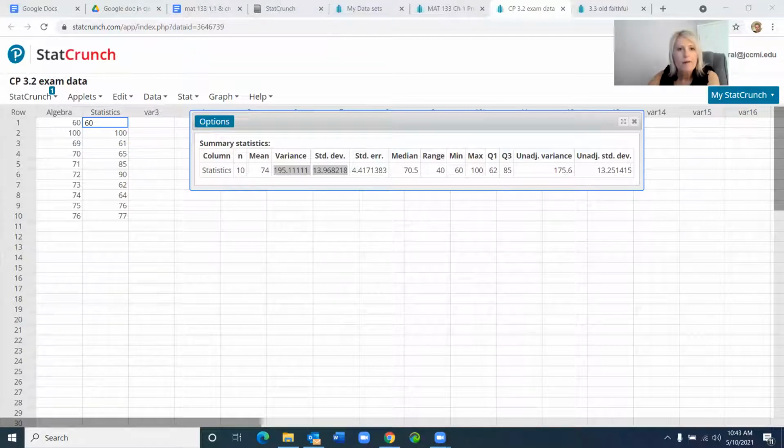Okay. So let's go back to, remember, I want you to make a comment on your paper. Unadjusted is for the population. Regular variance and standard deviations are from the sample. Okay. Let's write that on our paper together.